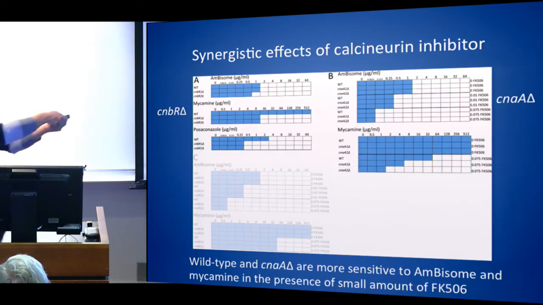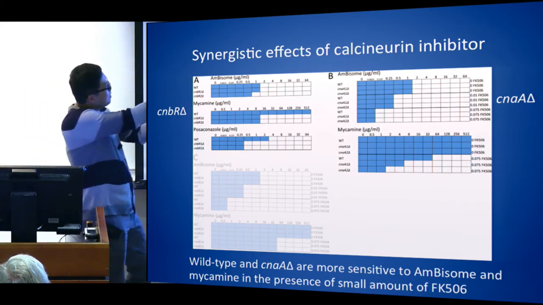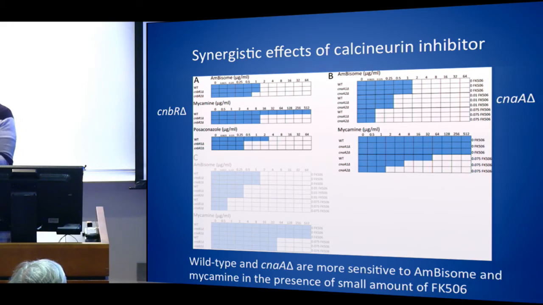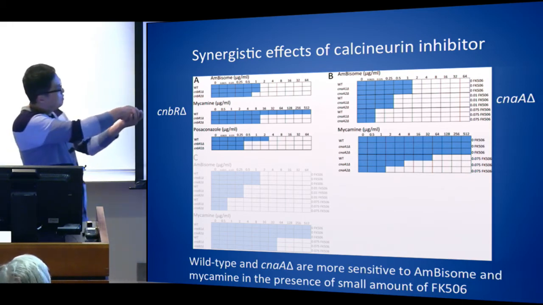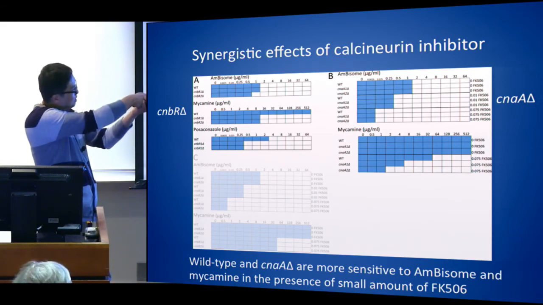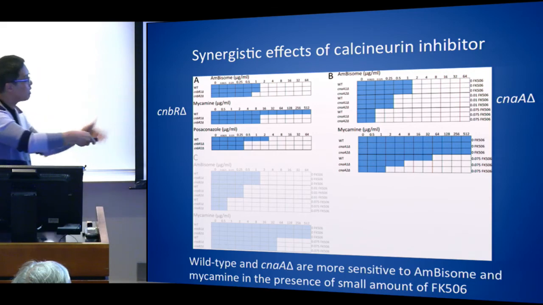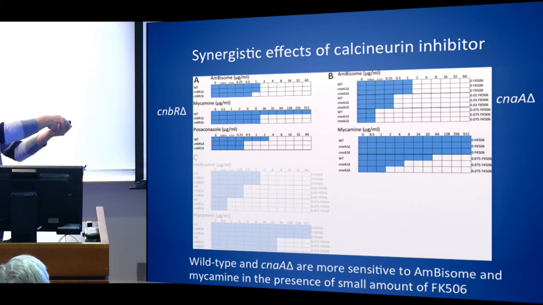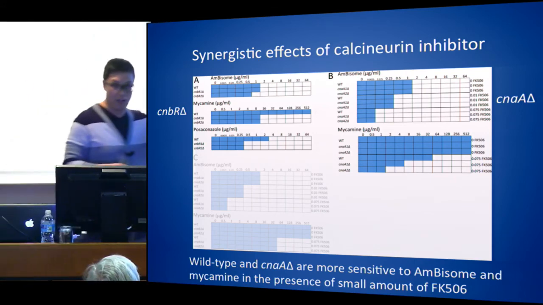So in a test with the CNA mutant, AmBisome MIC is not changed between wild type and the mutant, but in the presence of a small amount of FK506, the MIC goes a step down. The same thing is true for micafungin, which actually does not work at all, but in the presence of a small amount of FK506, the MIC goes down.